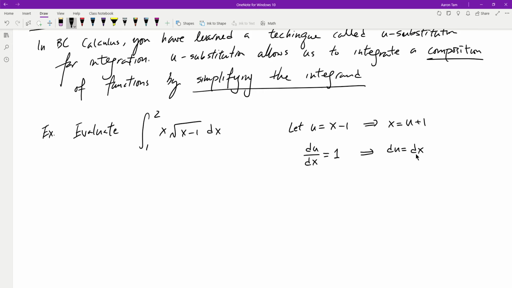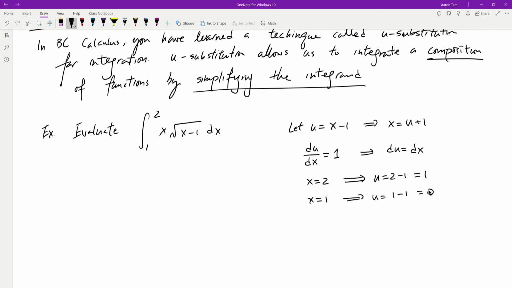And I also do the following, which is a good habit you should get into: change the limits. The limits x equal to 1 and x equal to 2 are both x values, but since I'm changing to u, I'm going to fix them. For x equal to 2, u would equal 2 minus 1, which is 1. And for x equal to 1, u would equal 1 minus 1, which is 0.